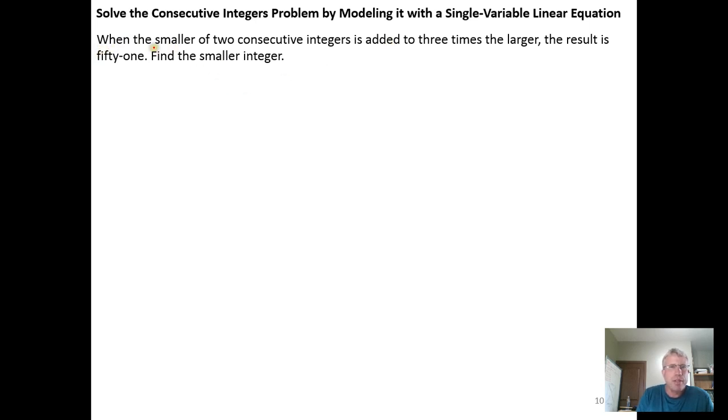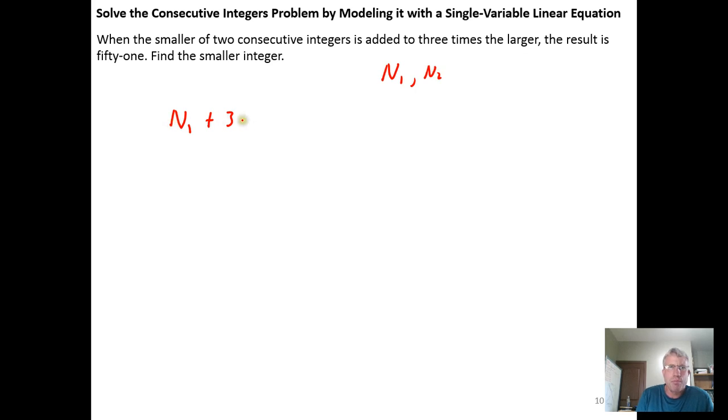So now I'm going to sweep back through this, and I'm going to give things a little bit of labeling. So when the smaller of two consecutive integers is added, so we're going to take the small integer. Let's represent the small integer with n sub 1. When the smaller of two consecutive integers is added to 3 times the larger, let's make n sub 2 represent the larger.